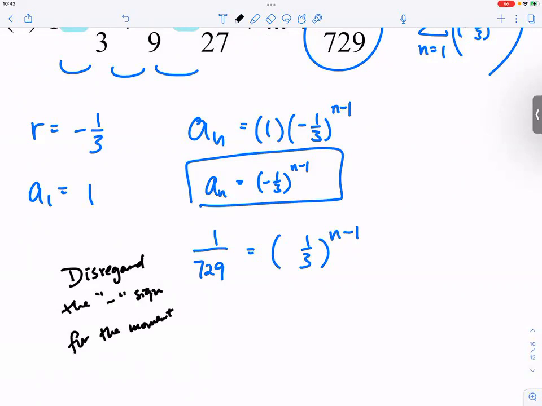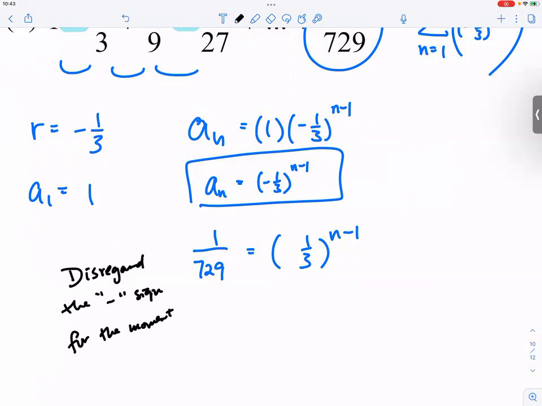The reason why we can disregard the negative sign for the moment is because we know that the n is going to be an odd number, and then the n minus 1 is going to be an even number. And when you have a negative sign raised to an even power, it's going to be positive. So that's the justification why we can artificially ignore the negative sign for the moment.